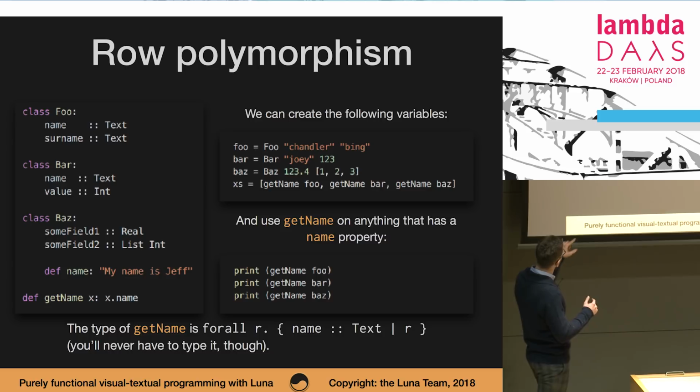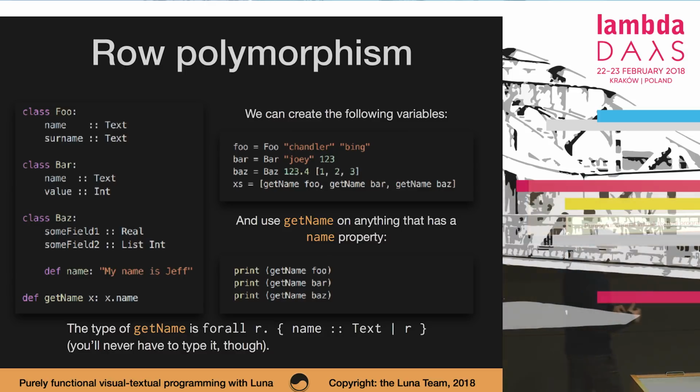Now, we are defining a function which says, give me anything, and I will give you its name property. So this makes some assumptions about the x, right? So, let us create some variables of those types. I may or may not have been watching Friends at the time of creating this talk.